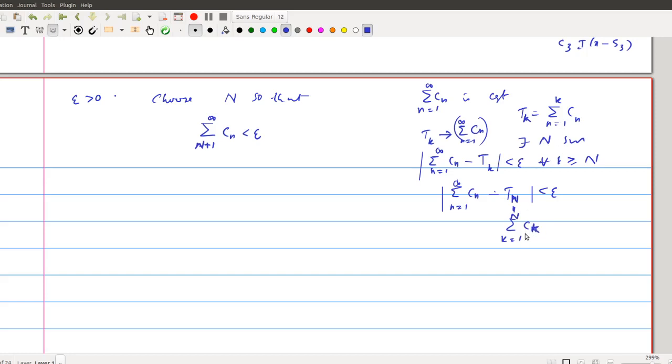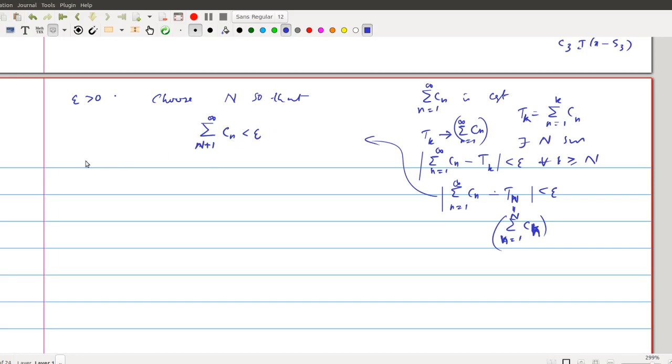So this is our T N. So you just subtract from this, then you can cancel the first N terms of the series. So the remaining terms, or the tail end of the series, is always less than epsilon. That is the consequence of this one. Okay, so we can easily get N such that summation n plus 1 to infinity Cn will be less than epsilon.